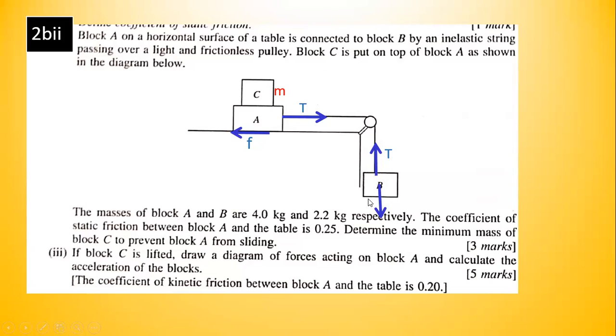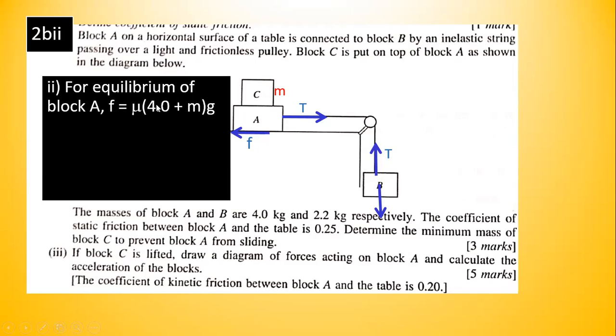Coefficient of static friction between A and the table, that's the coefficient for the frictional force. Determine the minimum mass of block C to prevent block A from sliding. Okay, let's try to work on that.